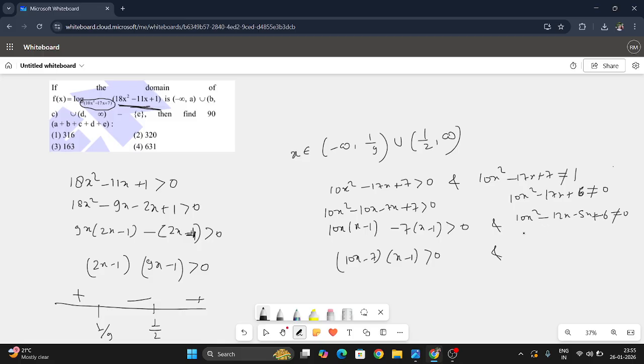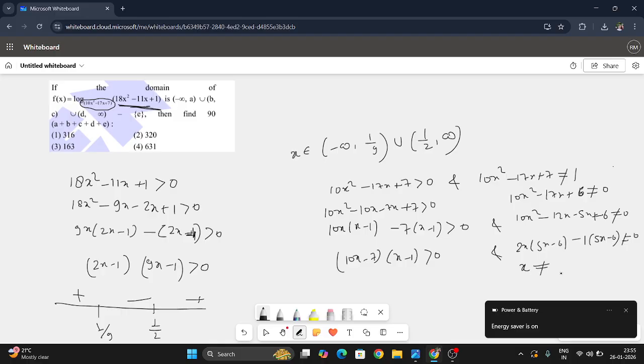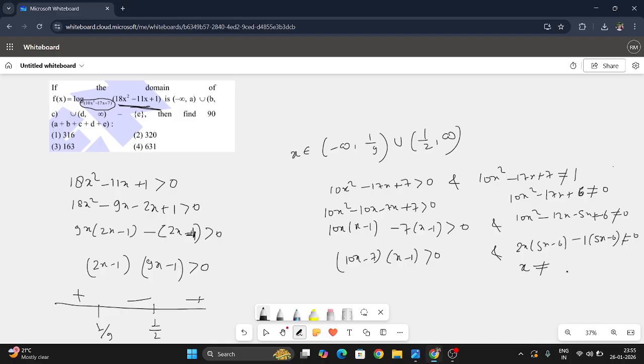So you can take 2x common: 2x(5x − 6) − 1(5x − 6) not equal to 0, which means x cannot be equal to 1/2 and cannot be equal to 6/5.